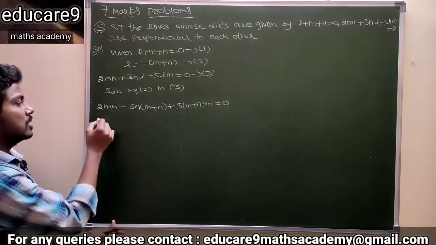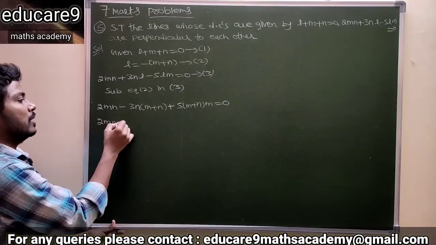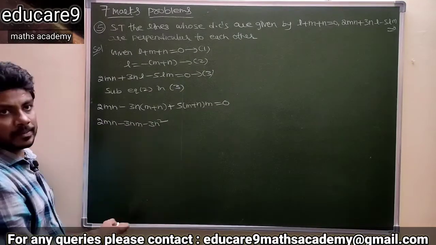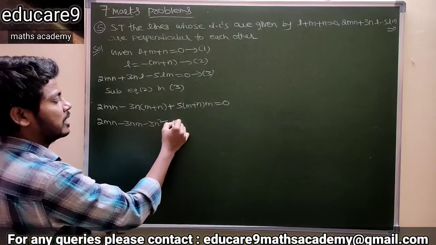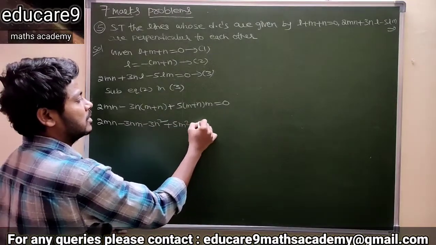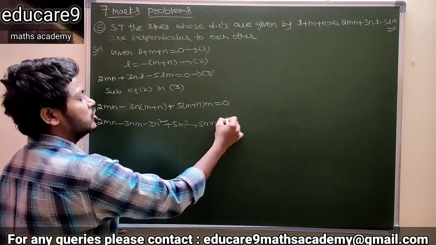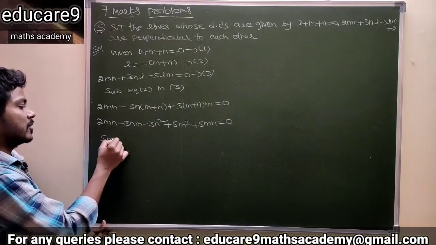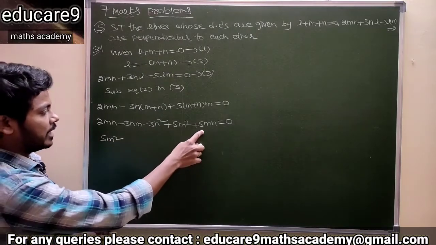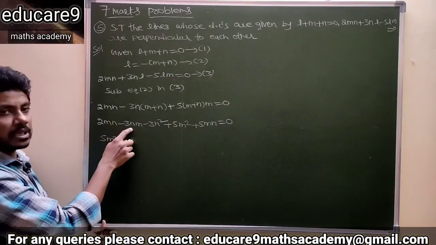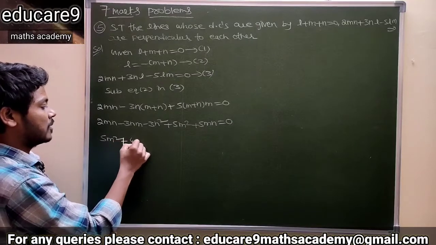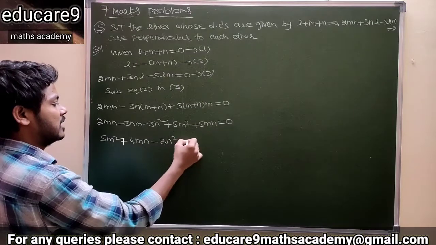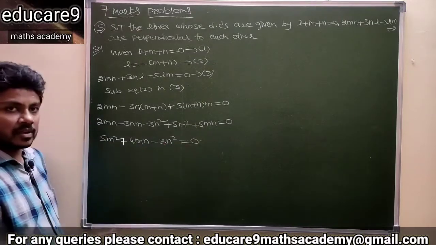Now simplify this. 2mn - 3nm - 3n square + 5m square + 5mn = 0. So first write the m square value, it is 5m square. Next 5mn + 2mn - 3mn, so we get 4mn - 3n square = 0.